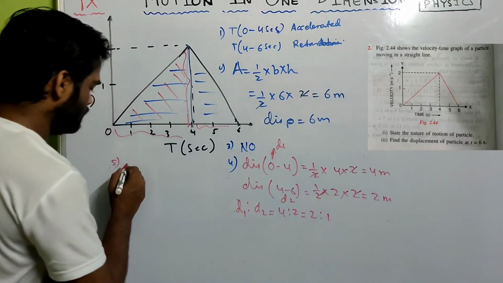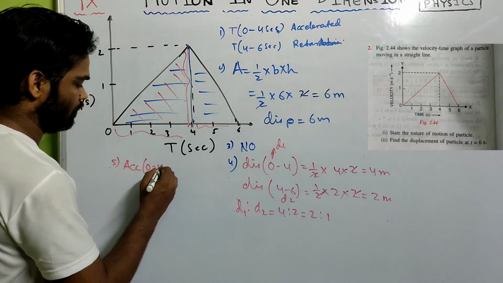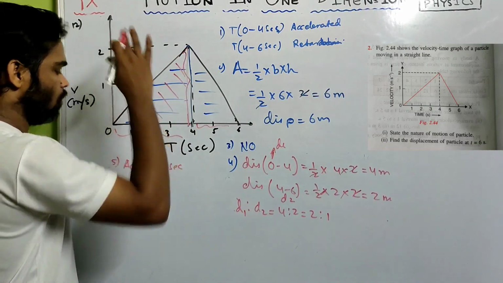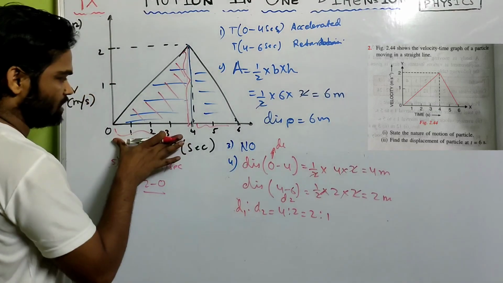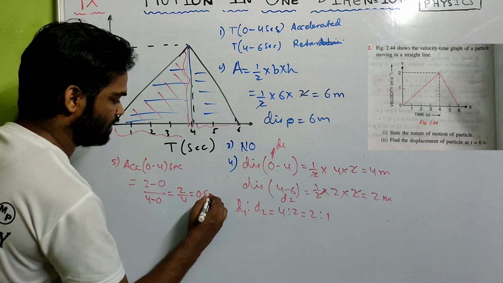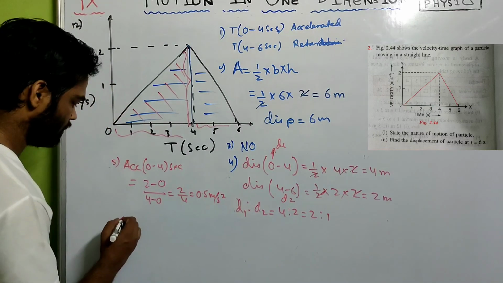Okay, now number 5, they've asked find the acceleration from 0 to 4 second and retardation from 4 to 6 second. So acceleration from 0 to 4 second, slope of the line, and slope is what? Change in y coordinate by change in x coordinate. That's 2 by 4, that's 0.5 meter per second square.